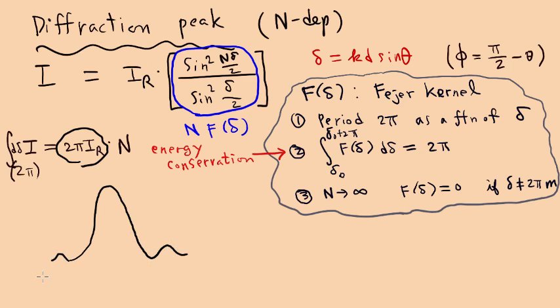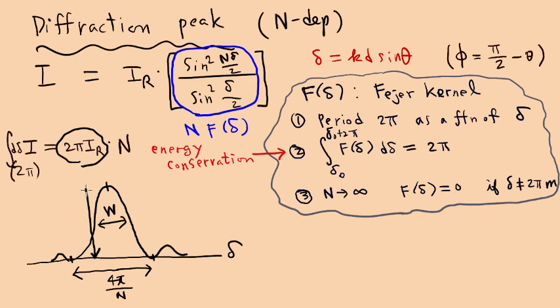So remember that for a finite n, as a function of delta, you get a peak here, and there's a principal maximum and then minimum intensity right here. The distance between these two minima was given by 4 pi over n. So that's the width, and then there's the height.